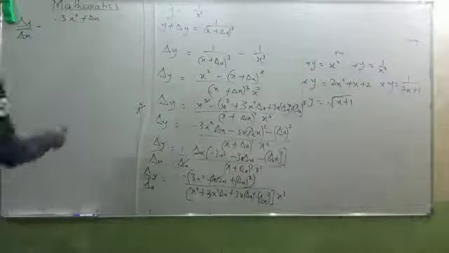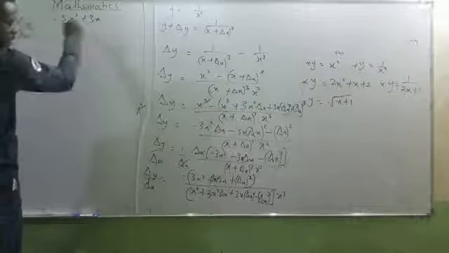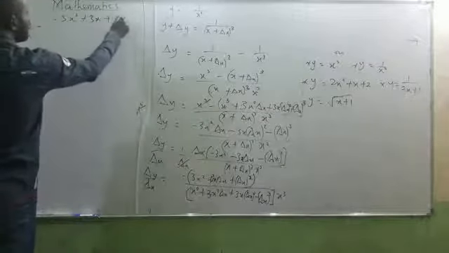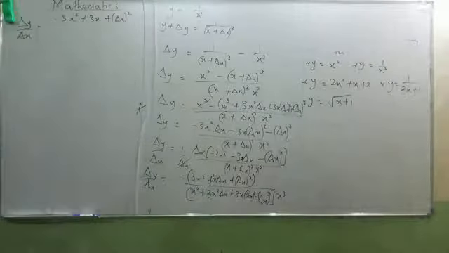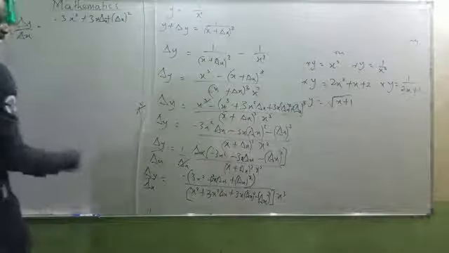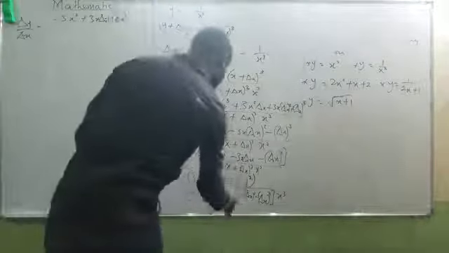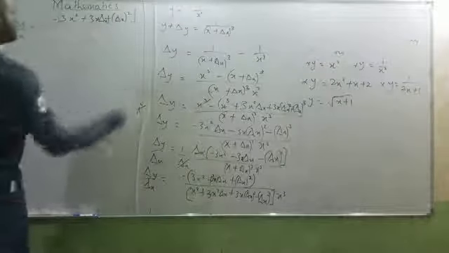Now I'll be having 3x plus delta x squared. 3x, this is 3x delta x. Okay, now, which is bracket of divided by.